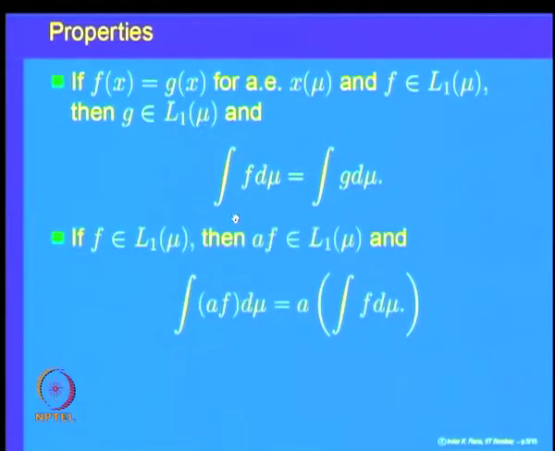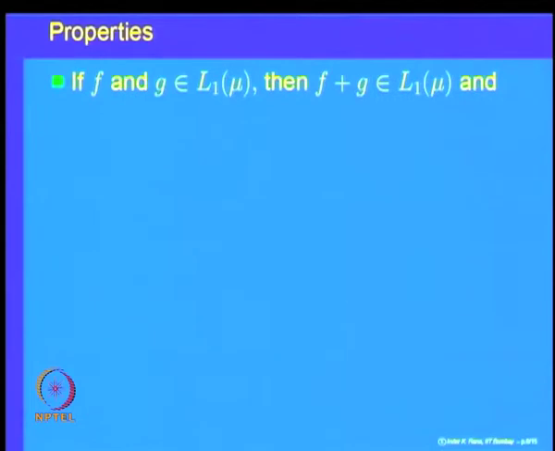We also proved the following property, namely, if f is an integrable function and alpha is any real number, then alpha times f is also integrable, and the integral of alpha f is equal to alpha times the integral of f.